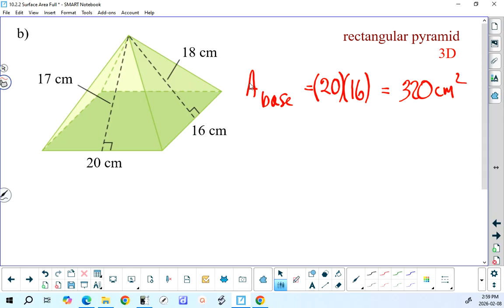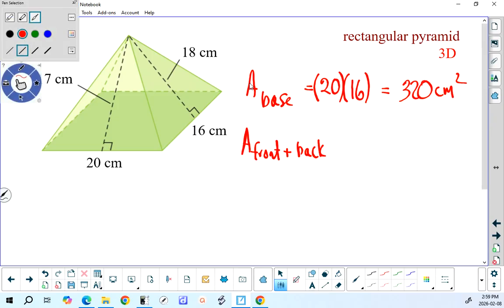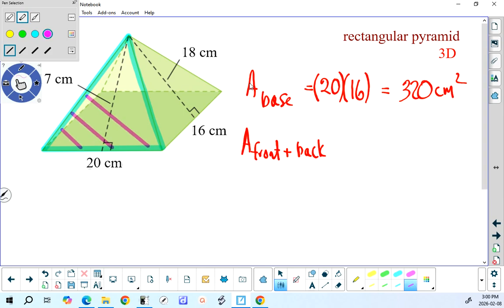Now, what about the area of the front and back triangles? Well, the area of the front triangle, let me highlight this. The front triangle is this triangle.